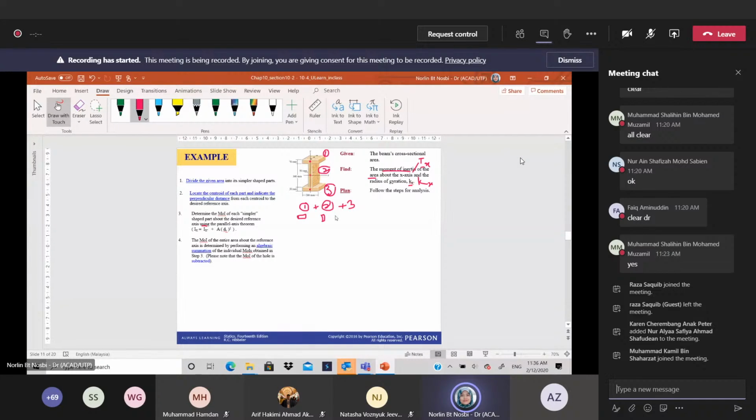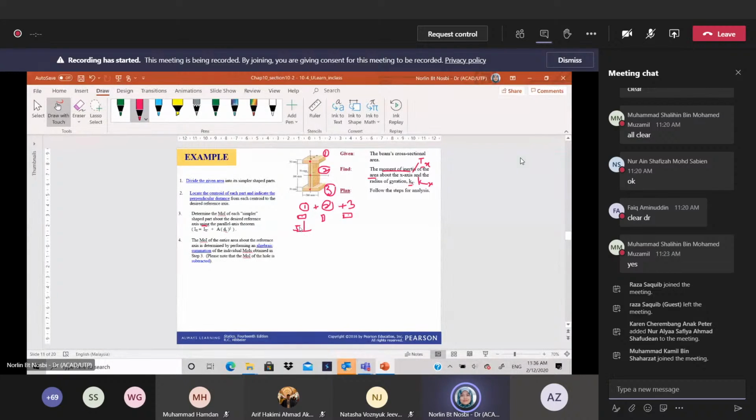So the centroid is different. Okay, for the first one, not 50.